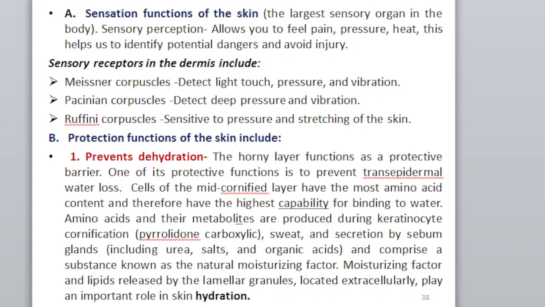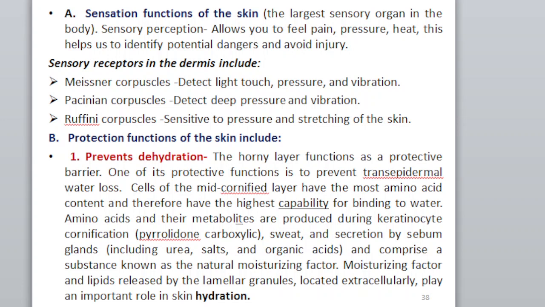Functions of the skin. A. Sensation. The skin is the largest sensory organ in the body. Sensory perception allows you to feel pain, pressure, heat. This helps us to identify potential dangers and avoid injury.